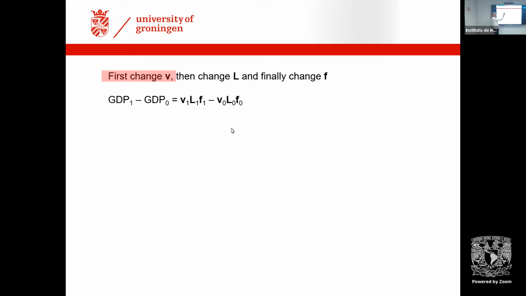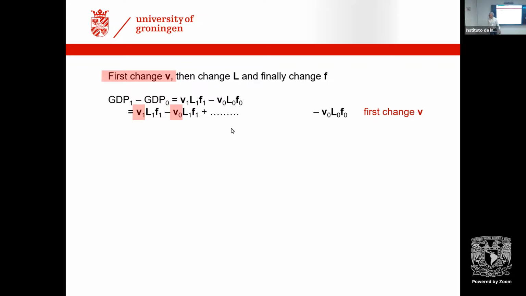I'm starting here, and the first thing that I'm going to do is change V. So change V now into V0, V1, L1, F1 minus V0. Of course, here is a lot of space, and we need to have a 0. Here is a 0. Because this expression doesn't belong here.